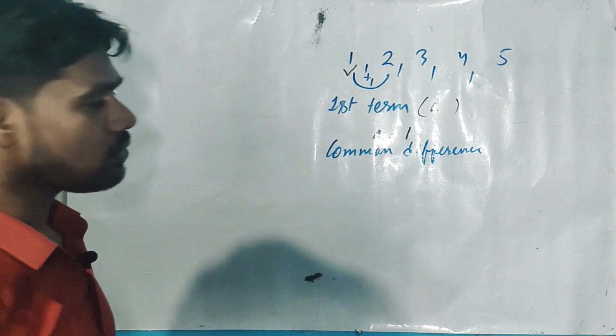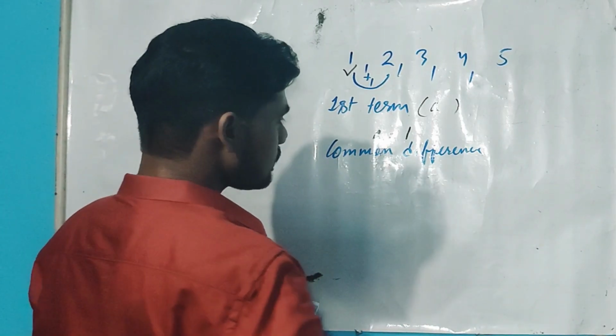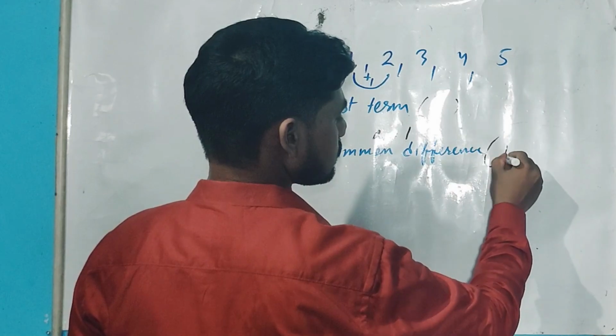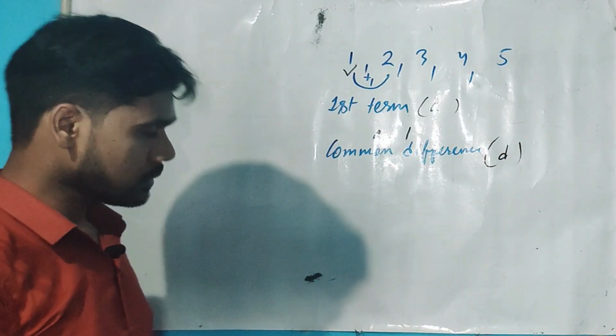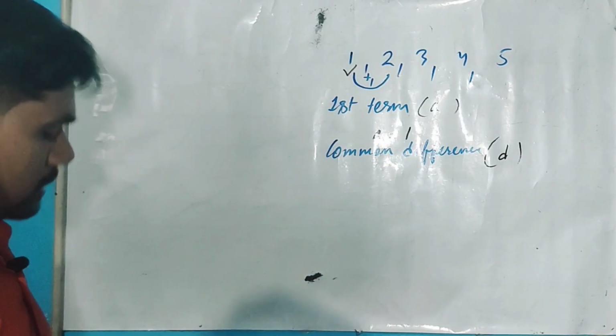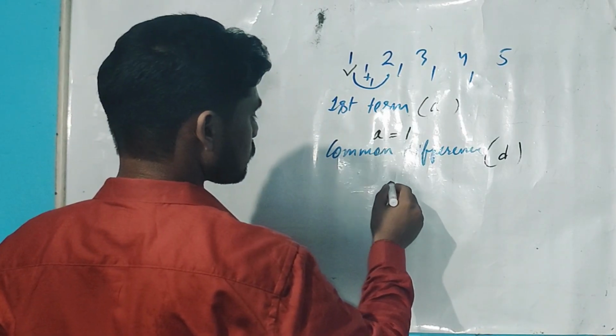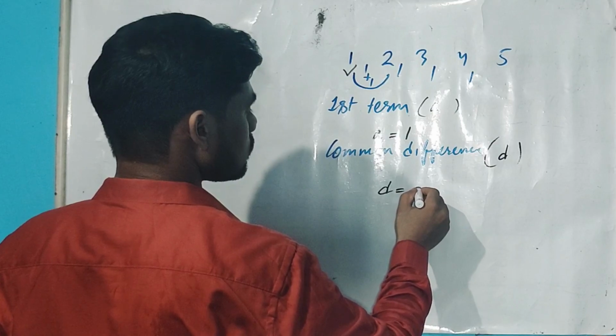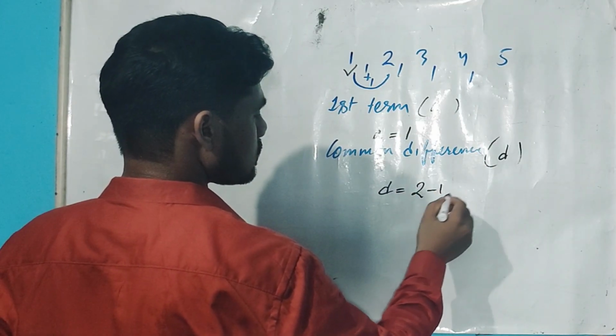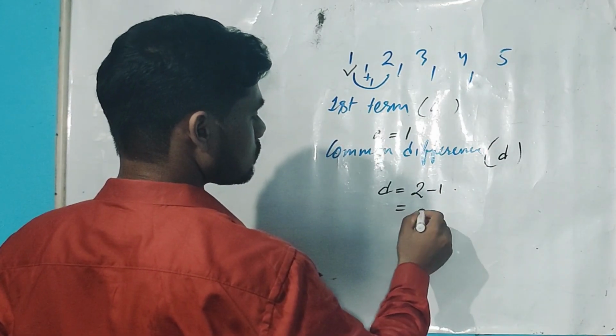The common difference is denoted by D. So D is equal to 2 minus 1, which is equal to 1.